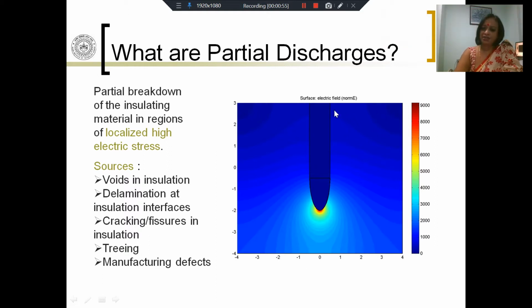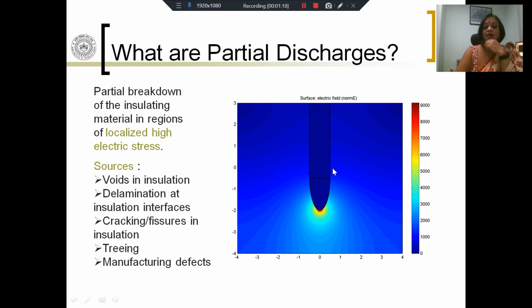So as you can see, the field is pretty uniform in most of the region. Most of the air sees a low value of the field. The blue region corresponds to the lowest values, a low magnitude of the electric field, and the field is quite uniform. So most of the air in this entire volume does not have a problem and is able to withstand breakdown.